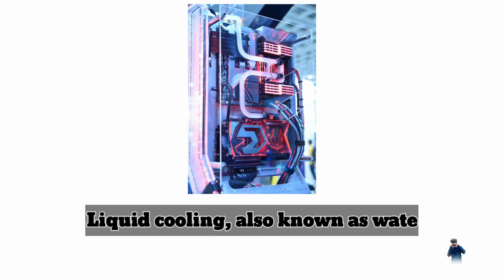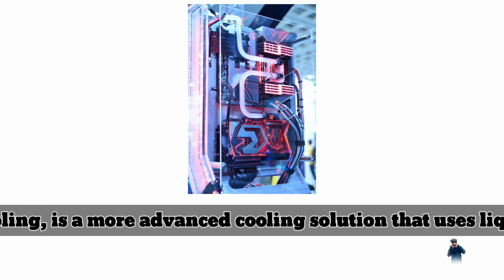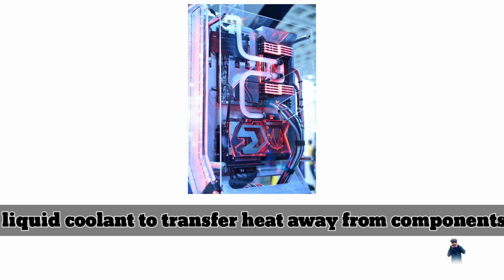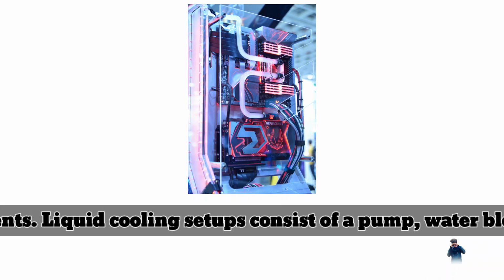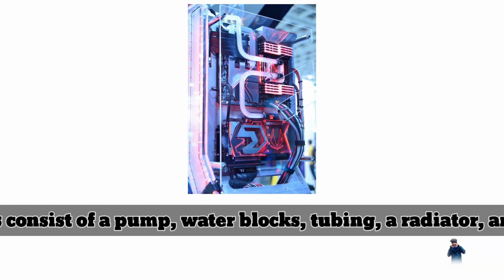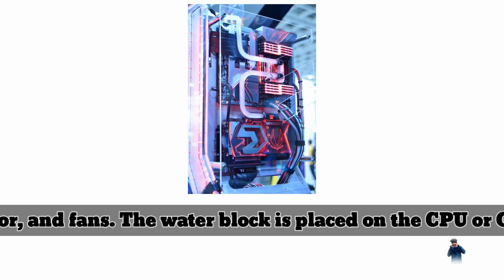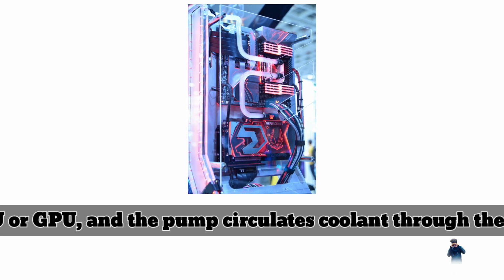Liquid cooling. Liquid cooling, also known as water cooling, is a more advanced cooling solution that uses liquid coolant to transfer heat away from components. Liquid cooling setups consist of a pump, water blocks, tubing, a radiator, and fans. The water block is placed on the CPU or GPU, and the pump circulates coolant through the system.